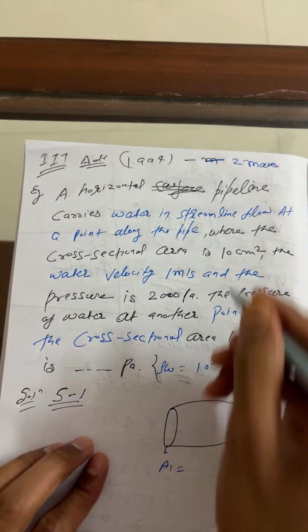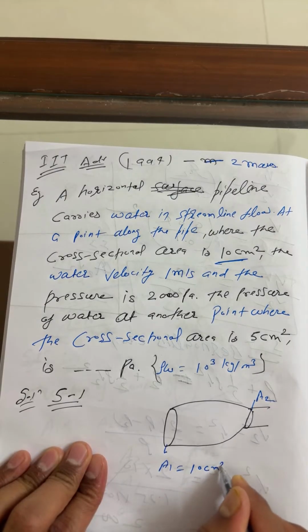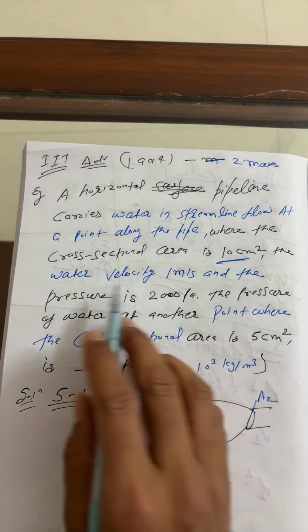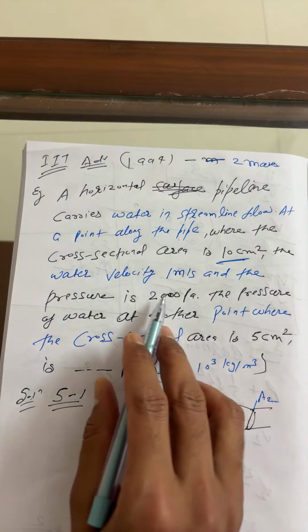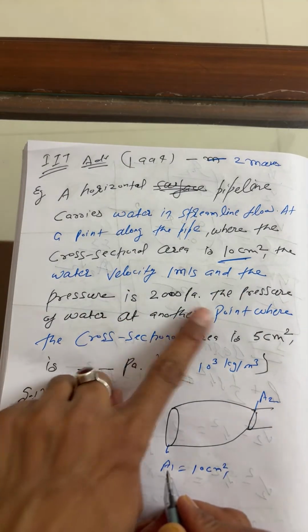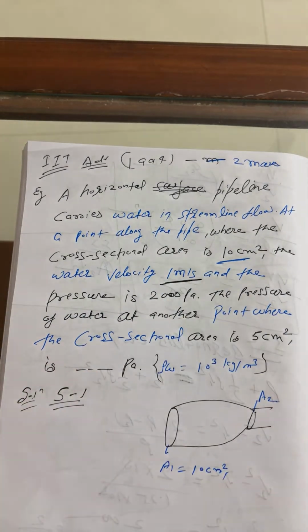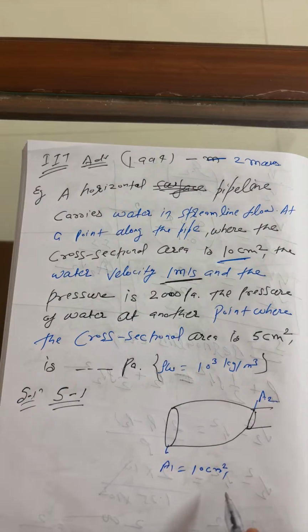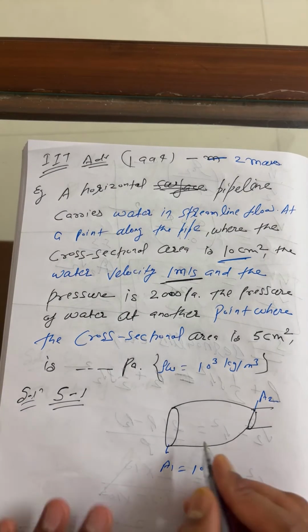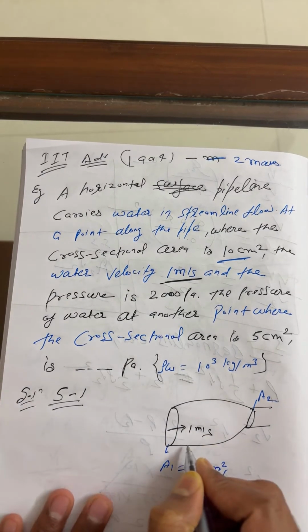A1 is 10 centimeter square. The inlet velocity V1 is 1 meter per second.